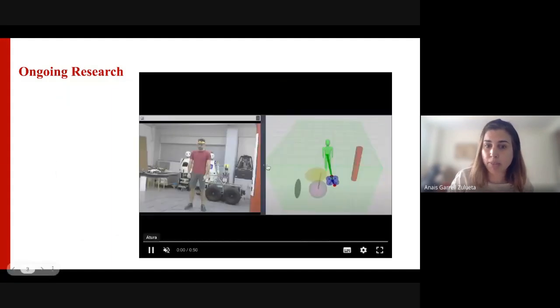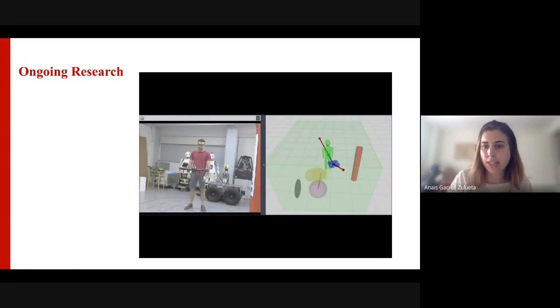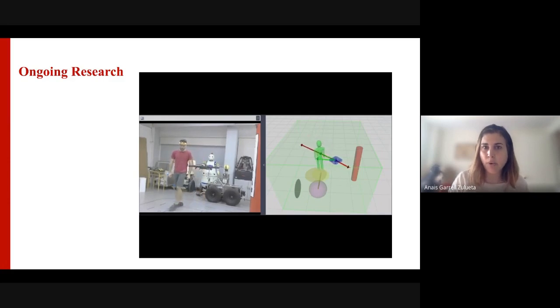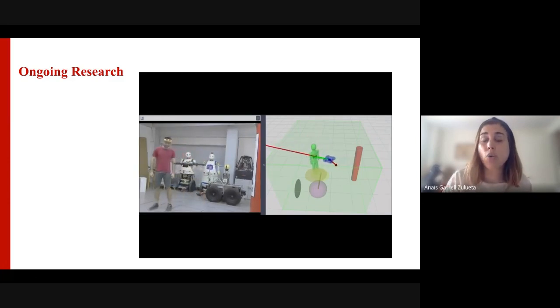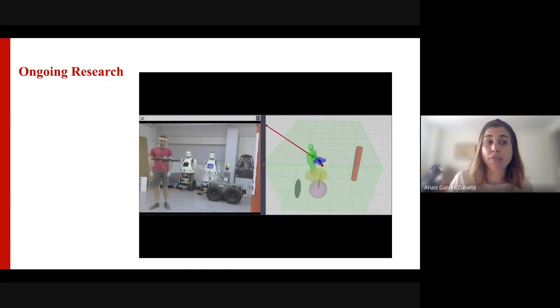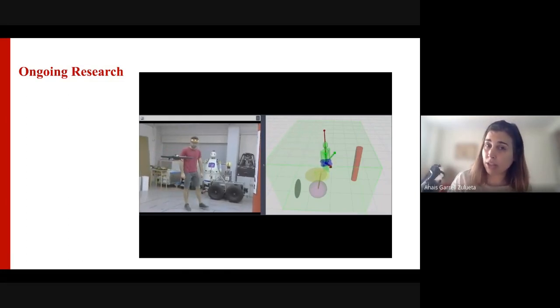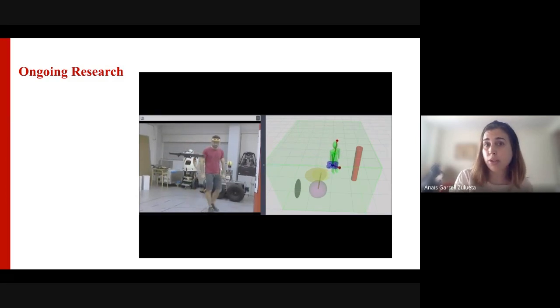Let me show an example. Here we have a drone. The idea of that work is that the robot could navigate close to a person, and we created a deep neural architecture where the robot understands and learns how people move and tries to adapt its motion to these pedestrians.